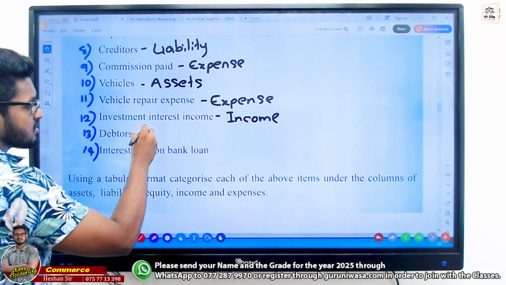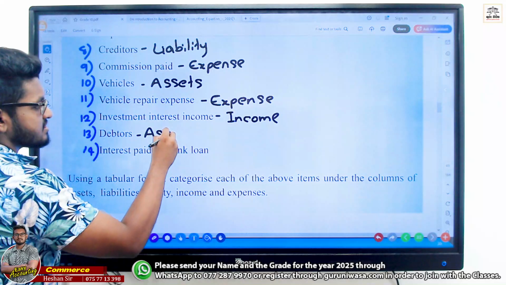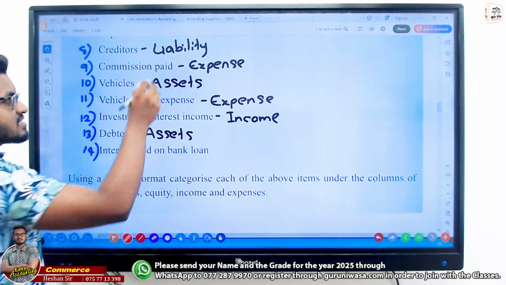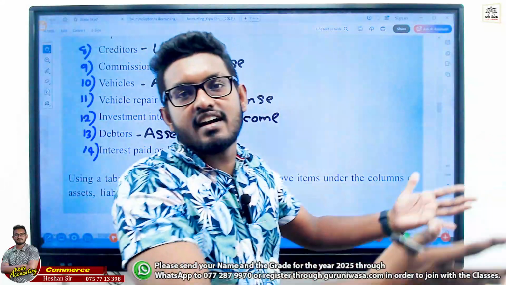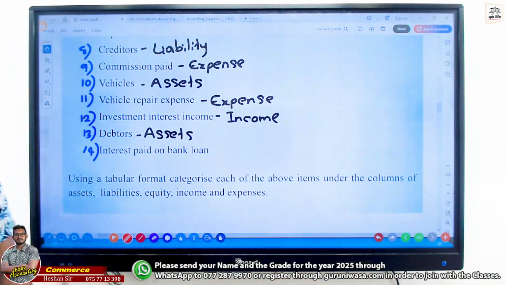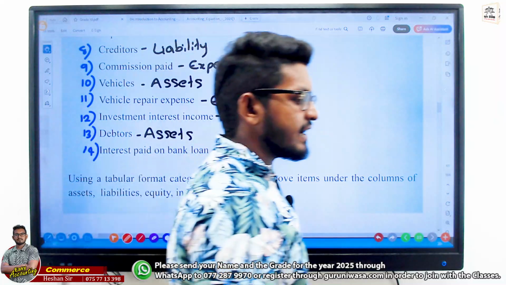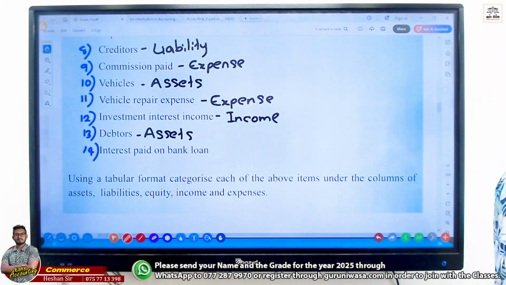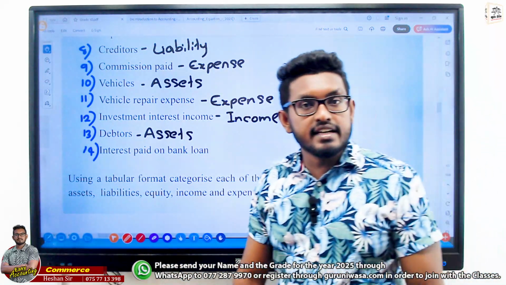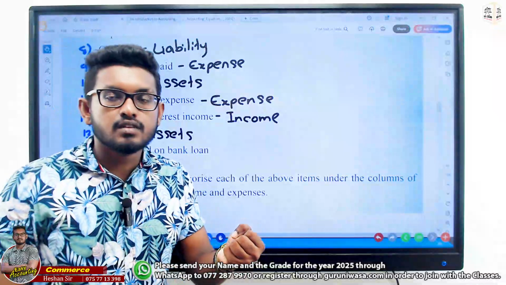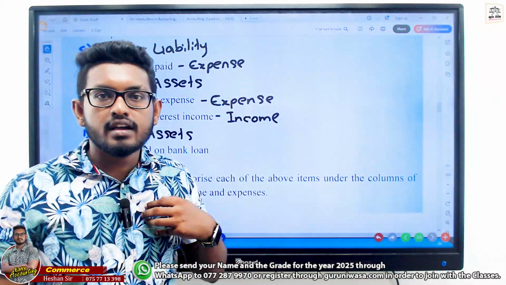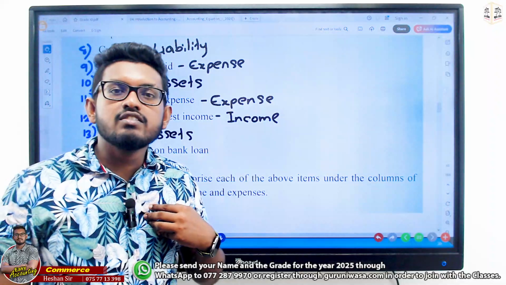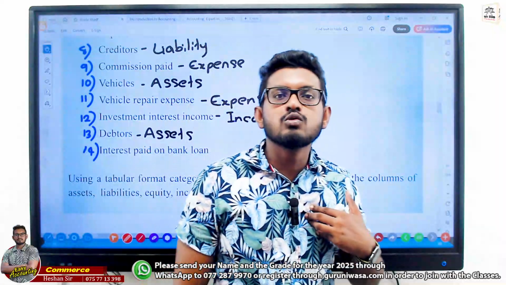Debtors are assets, creditors are liabilities. Just don't miss that. Interest paid on bank loan, expenses. It is an additional payment; the bank loan is a liability. දැන් ඔයා ලක්ෂ 4ක bank loan එකක් ගත්තාම ගෙවල ඉවර වෙද්දි ලක්ෂ 6ක් විතර වෙනවා, around 600,000.